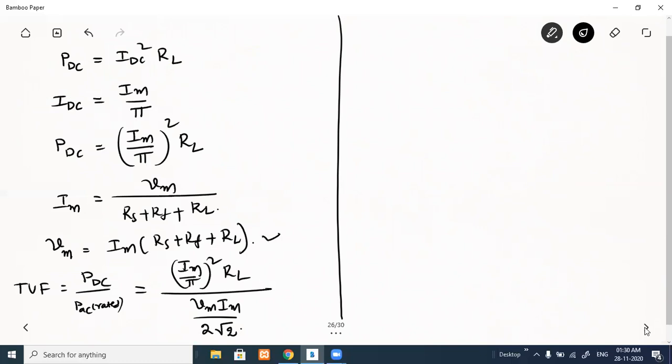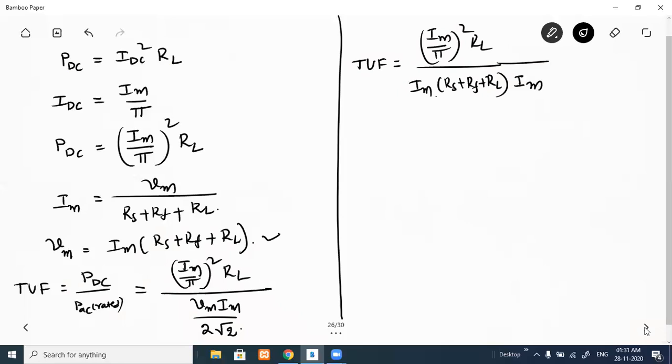So convert this Vm to Im, then our TUF is equal to Im by pi whole square into RL by Vm, where Vm means Im into Rs plus Rf plus RL, multiplied by Im divided with 2 root 2.